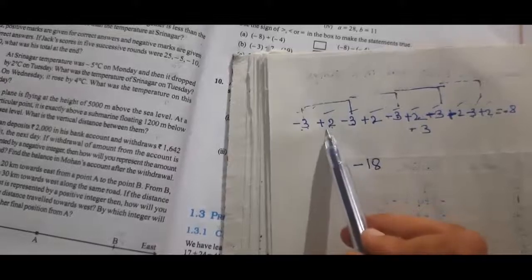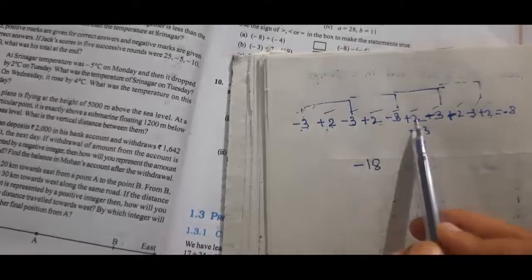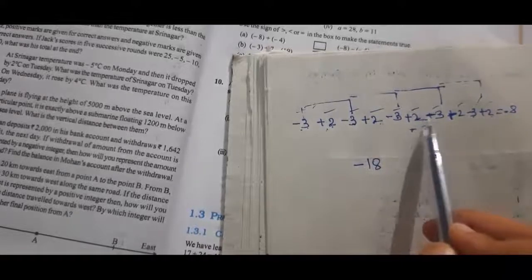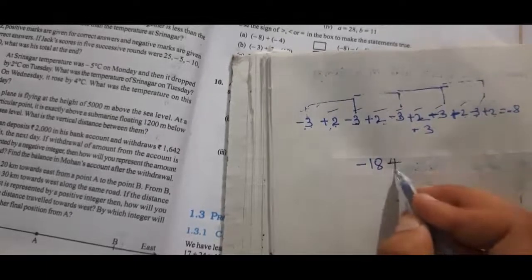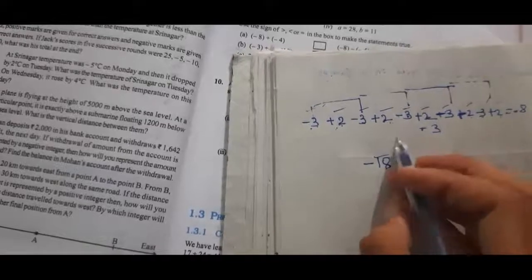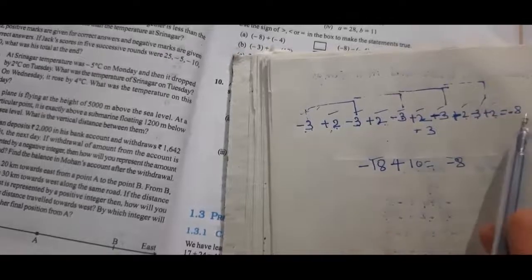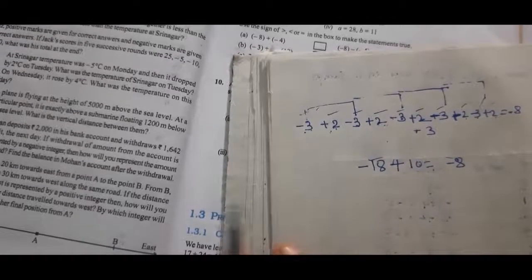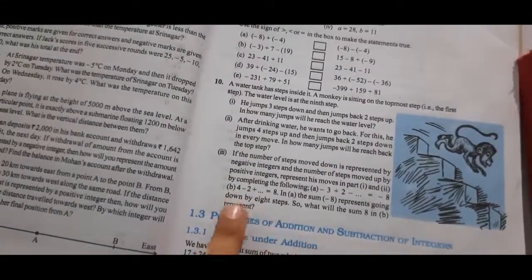And again plus 2 plus 2 plus 2. 1, 2 to 4, 4 to 6, 6 to 8, 8 to 10. -18 plus 10 equals what here? -8. So by 11 jumps we get -8. Number of 11 jumps equals what here? -8. Next they have asked the B part question.